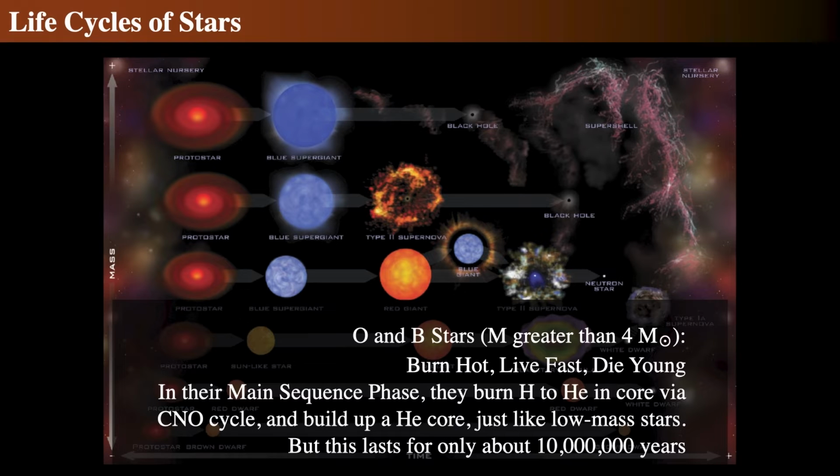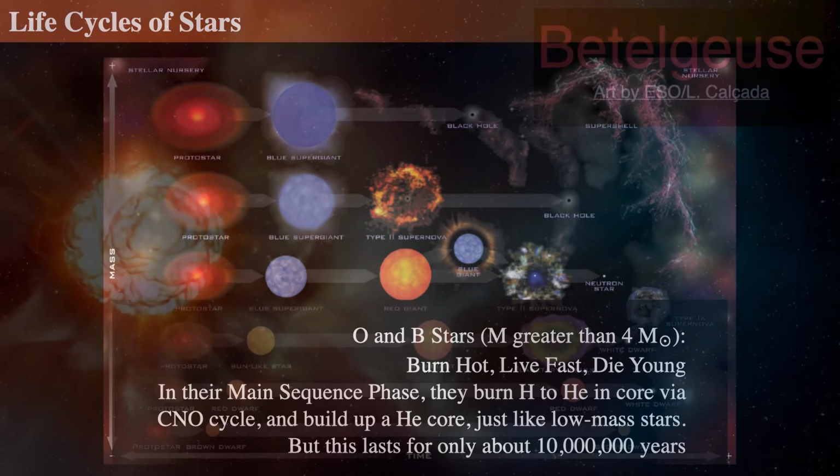They also build up a helium nugget in the core for their main sequence phase, because that's the definition of a main sequence phase, is hydrogen to helium burning. And they do this just like any other star. The main sequence is where stars burn hydrogen into helium. But for high mass stars, this lasts at most about 10 million or so years.